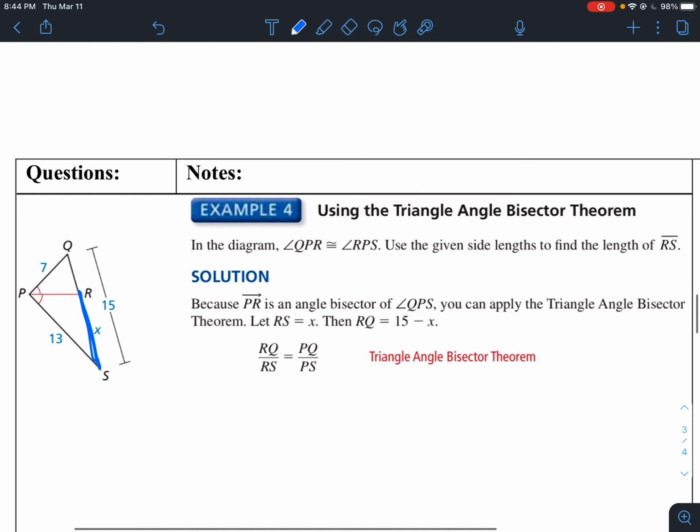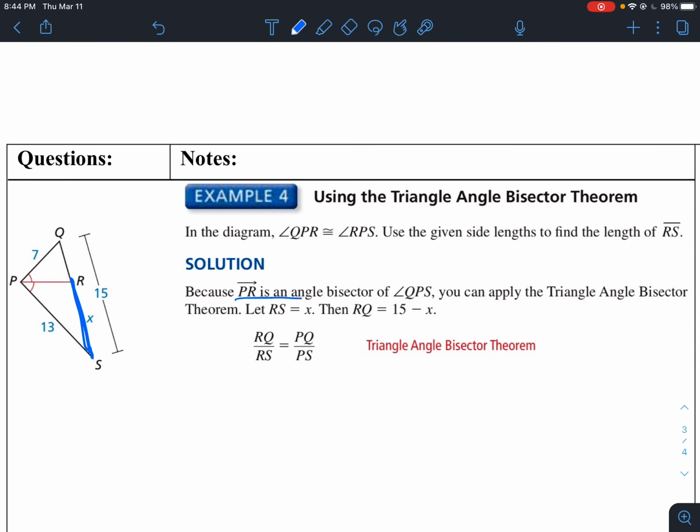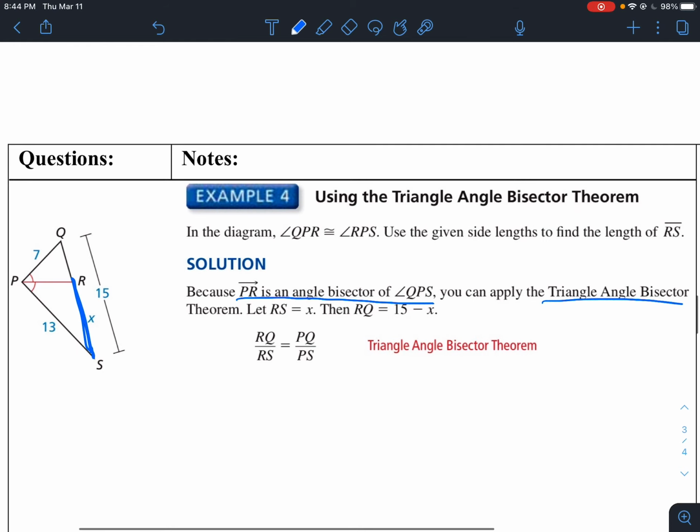Okay? So because PR is the angle bisector of angle QPS, you can now apply the triangle angle bisector theorem. And so let's just say that RS is x. What that means is that RQ, this right here, is equal to 15 minus x.